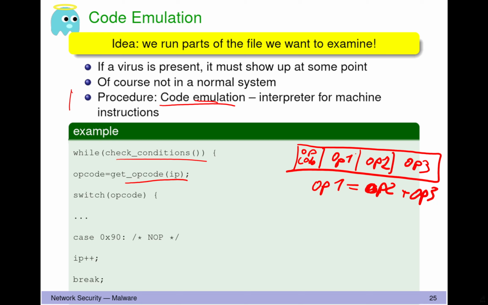I mean, they could be registers. If it's a plus operation, so if it's a sum, then it's described here what should happen. So basically it is a recreation of the functionality that the CPU should do in software so that we can observe what it's doing.